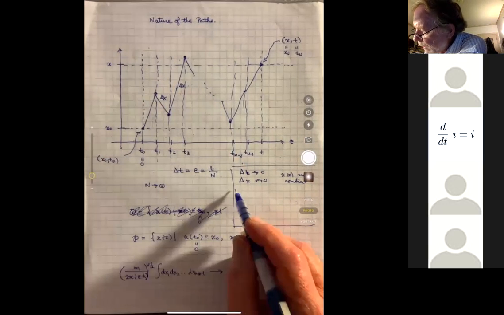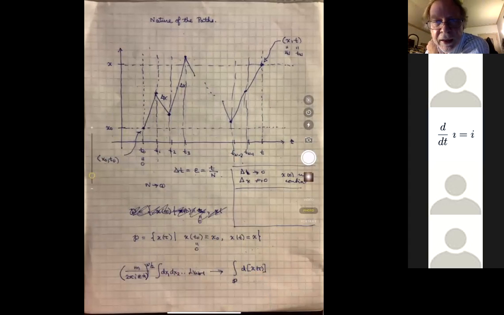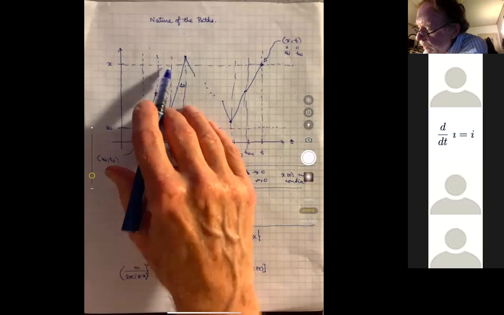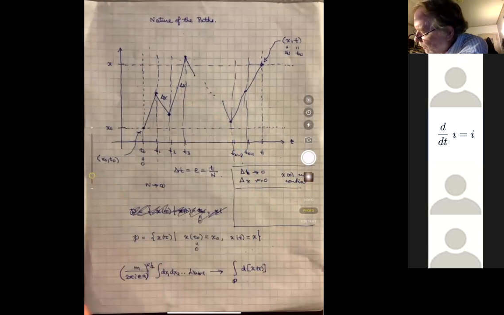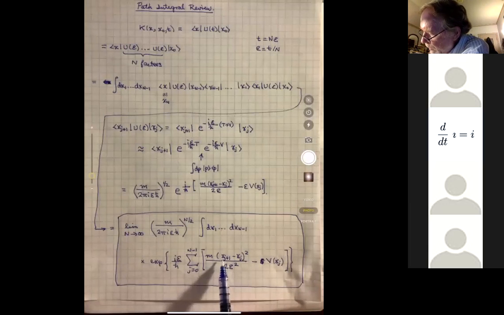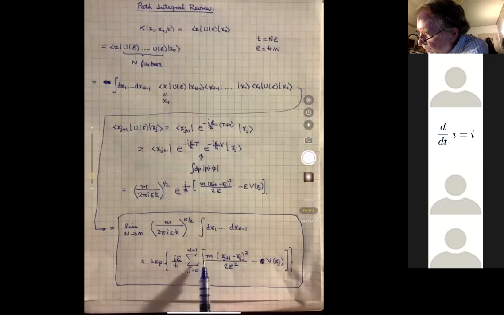Now, it turns out that's actually not the correct point of view to take in understanding the path integral. The reason is that if these delta x's get too big, the oscillatory nature comes in: these delta x's that appear are going to get large, and when divided by the epsilon, which is going to 0, this thing is going to oscillate ever more and more rapidly.